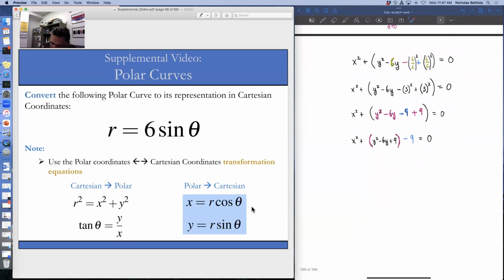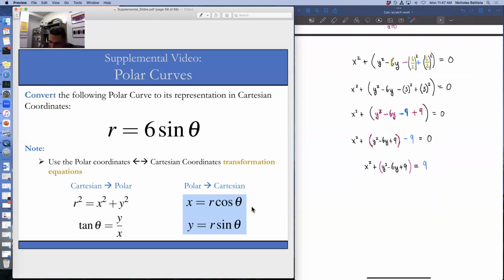This minus 9, we'll be able to add to both sides of the equation. So we have x squared plus the same term in parentheses, y squared minus 6y plus 9, except now this equals 9 on the right-hand side instead of 0.